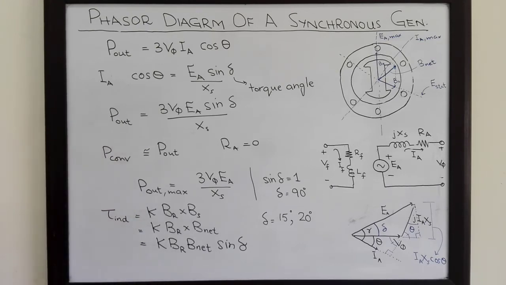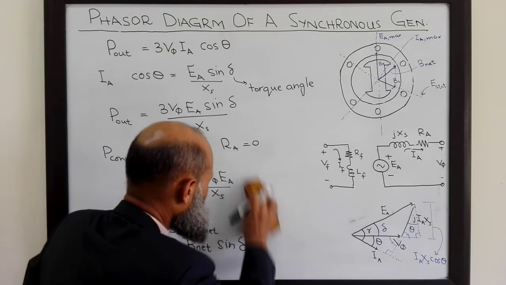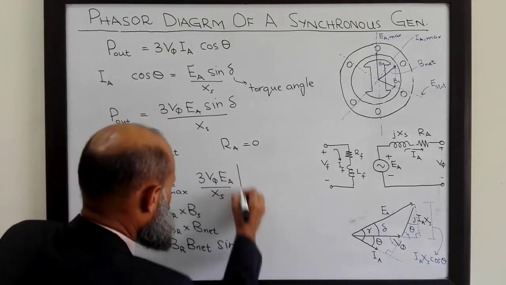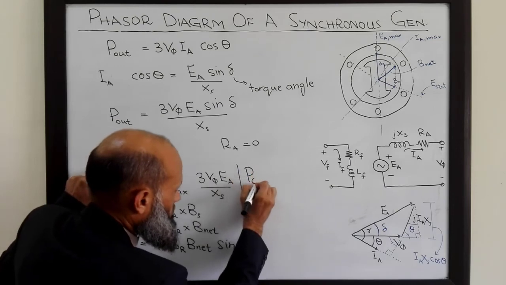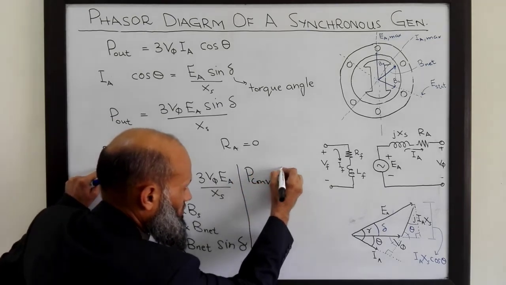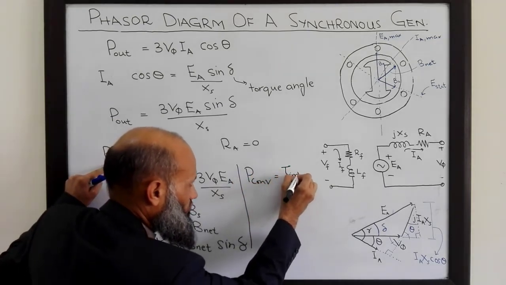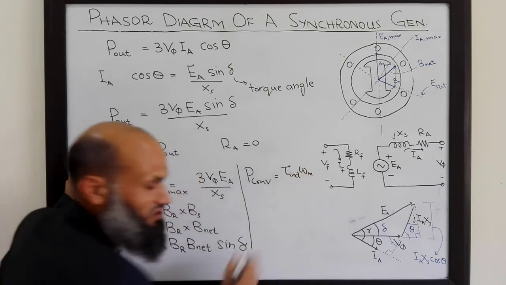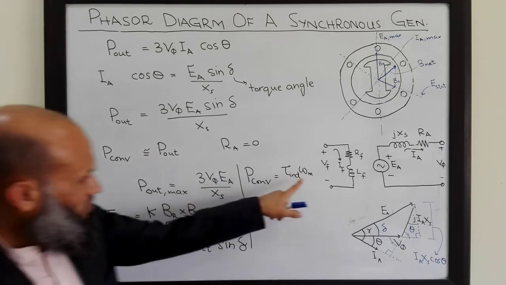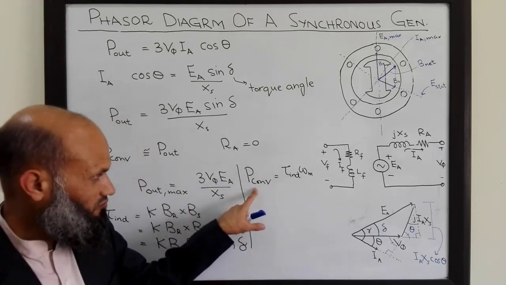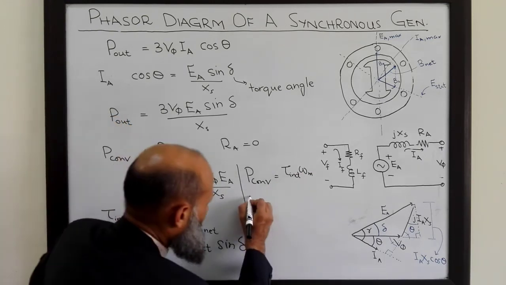That is, we know that the converted power is equal to induced torque multiplied by the speed of rotation of the rotor. Therefore, induced torque is equal to converted power divided by omega m.